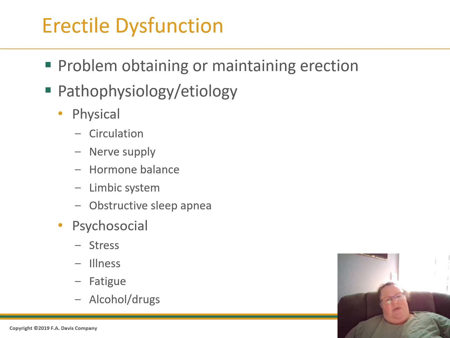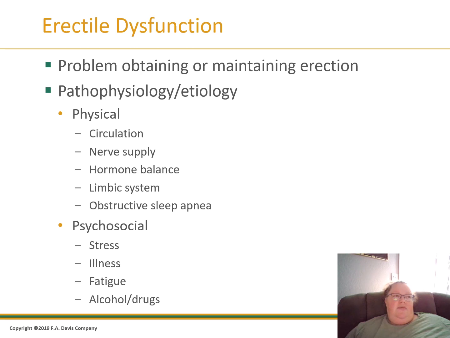Erectile dysfunction is a problem obtaining or maintaining an erection. The etiology is physical: circulation, nerve supply, hormone balance. Anything and everything can cause erectile dysfunction. Stress. There may not even be anything physically wrong, and you're still having erectile dysfunction.